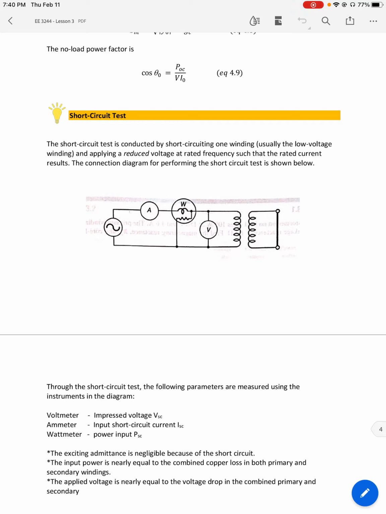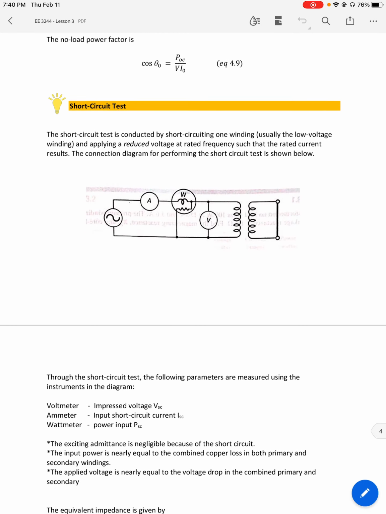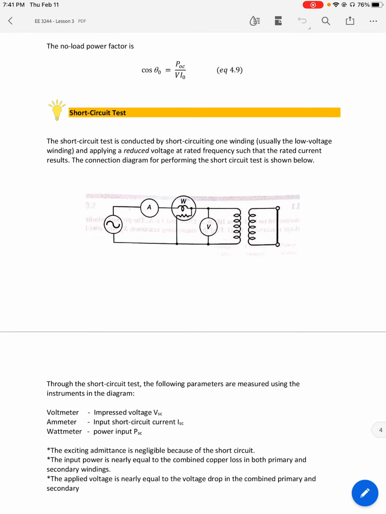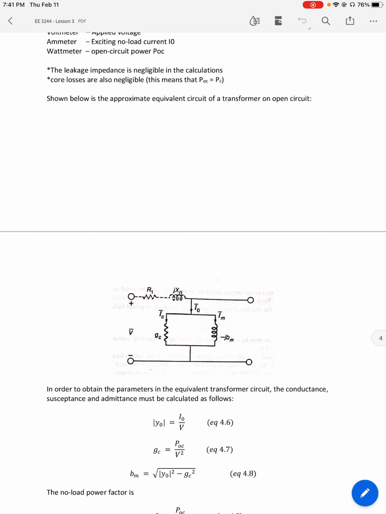And mao ni siya ang diagram sa connection sa mga instruments, ammeter, voltmeter, and wattmeter. So we have a few things to remember. Number one is that the exciting admittance is negligible because of the short circuit. So, ang exciting circuit or exciting admittance Y, mawad-an na siya bili tungod sa short circuit kay naka-parallel or shunt man pud na siya.